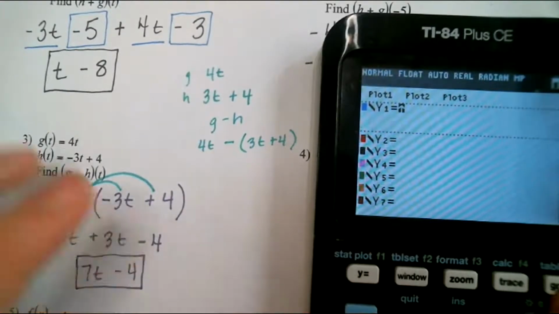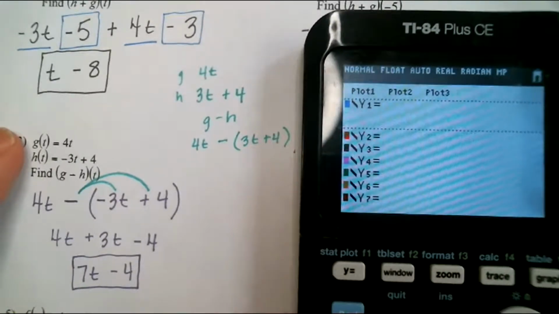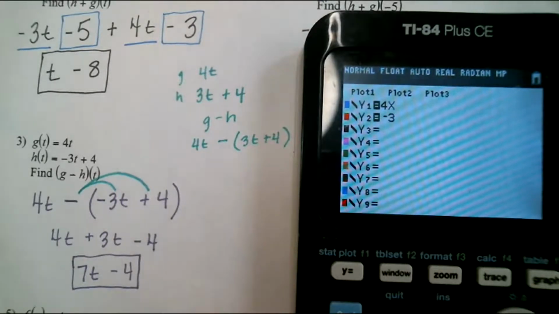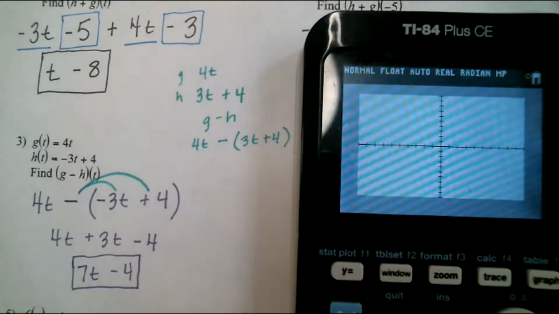So if I'm looking at 4x and negative 3x plus 4, if I graph that, I know these are just two lines, right?